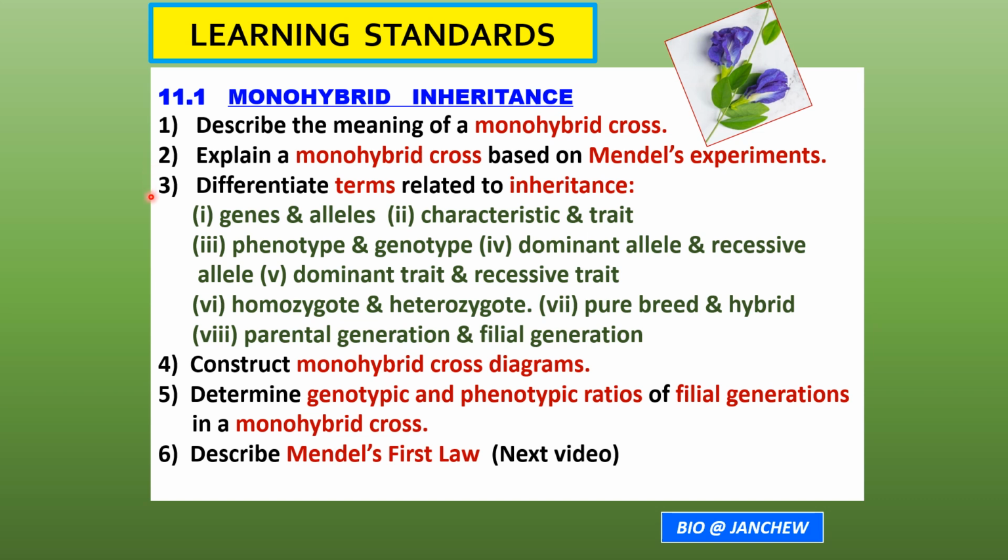Number 3, differentiate genetic terms related to inheritance, such as genes and alleles, characteristic and trait, phenotype and genotype, dominant allele and recessive allele, dominant trait and recessive trait, homozygote and heterozygote, pure breed and hybrid, parental generation and filial generation. Number 4, we should be able to construct monohybrid cross diagrams. Number 5, determine genotypic and phenotypic ratios of filial generations in a monohybrid cross. And number 6, describe Mendel's first law.